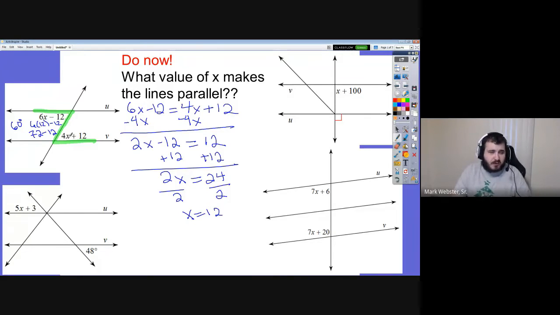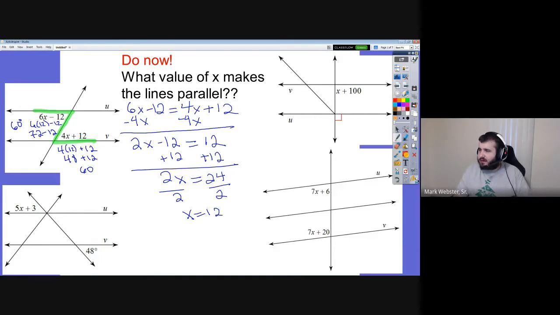Let's make sure that we get the same thing over here. 4 times 12 plus 12. 4 times 12 is 48. 48 plus 12 is also 60. So 60 degrees, right? So we did it. Hooray. All right. Let's do the next one.